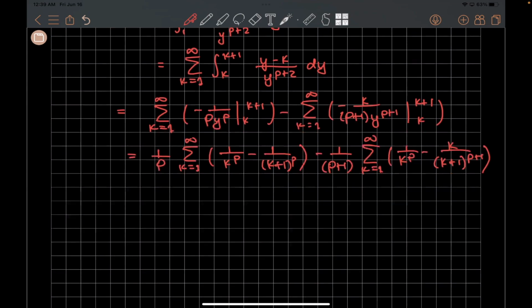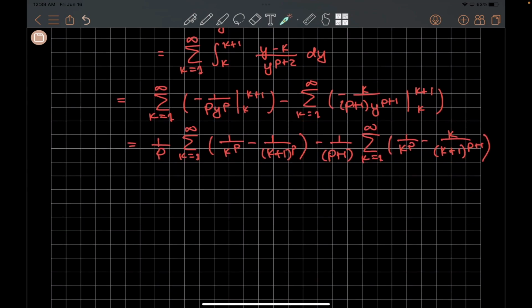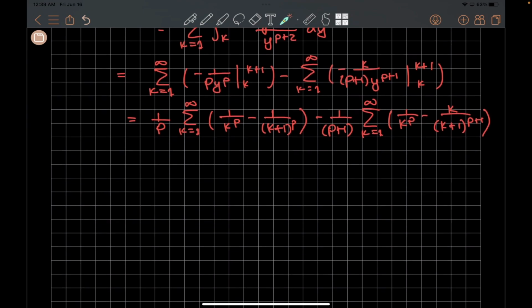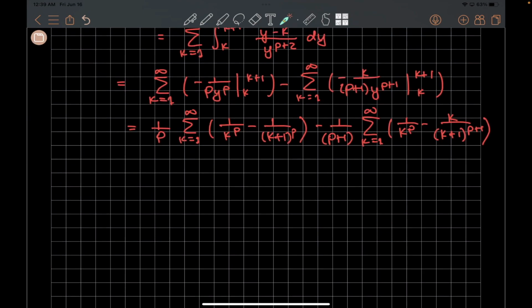What we're going to do is we're going to write this term as k. In the numerator we're going to add 1 and subtract 1. So when we add 1, we can separate that out. We get 1 over k plus 1 to the p, and then the 1 over k plus 1 to the p plus 1 term.